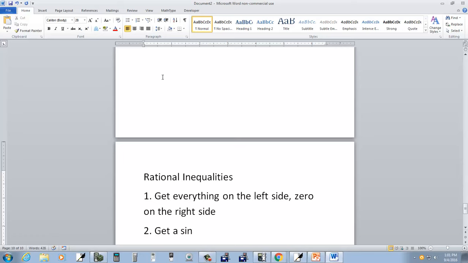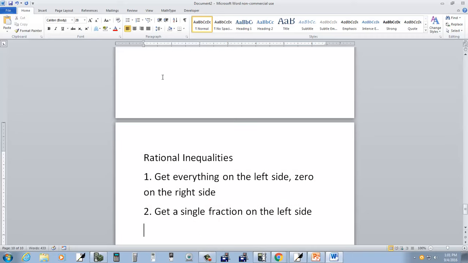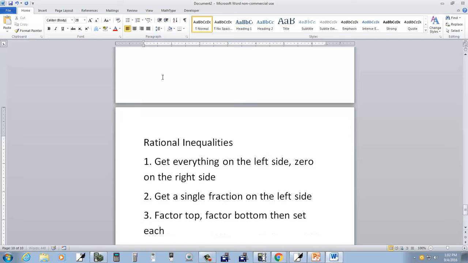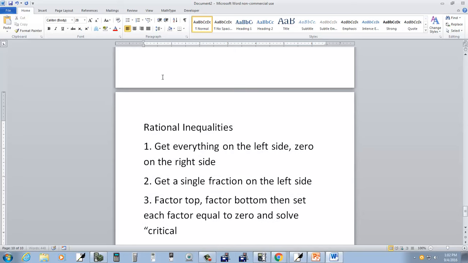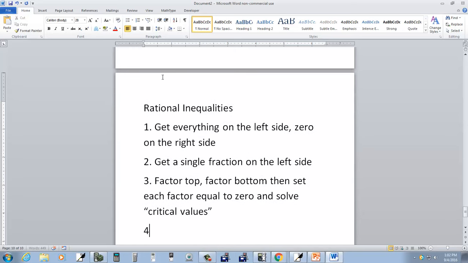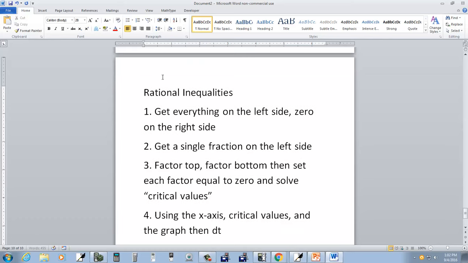Get a single fraction on the left side. Rational means single fractions. That's why you have to get that. Step 3. Factor the top, factor the bottom. Then set each factor equal to 0 and solve. These are called our critical values. Step 4, using the x-axis, the critical values, and the graph, then determine your answer.